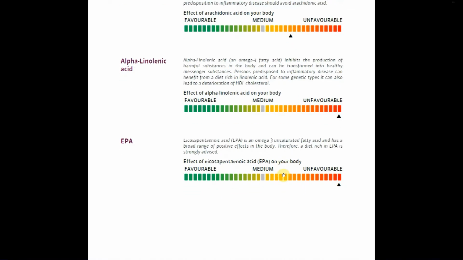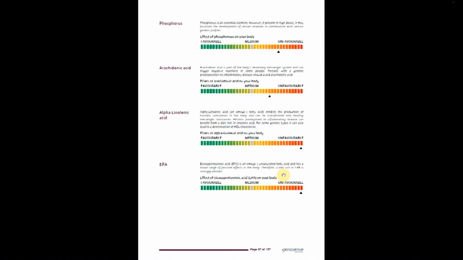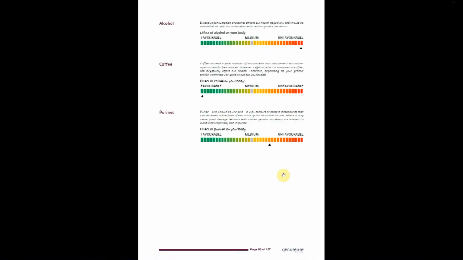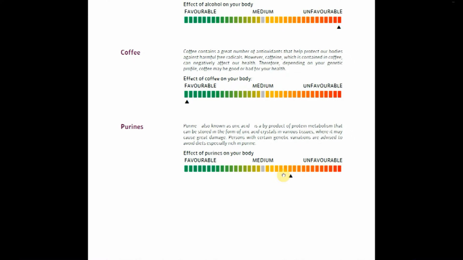They are for some people favorable, for some medium, and for some unfavorable. So it's unfavorable in this case. And alcohol is very unfavorable. Coffee, favorable in this case. It can have a protective effect as well. It has a lot of antioxidants, so for some people it's good. And purines again is moderately unfavorable.